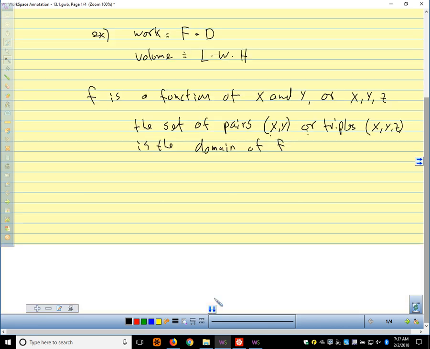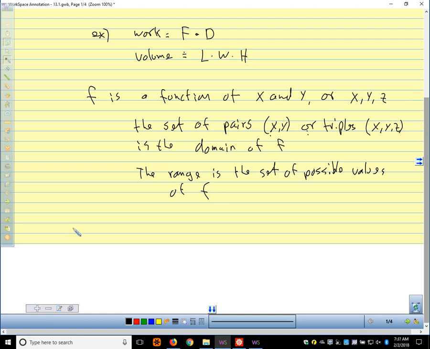And the range is just the set of possible values of f. So when we're talking about our domain, we have more than one thing to consider.